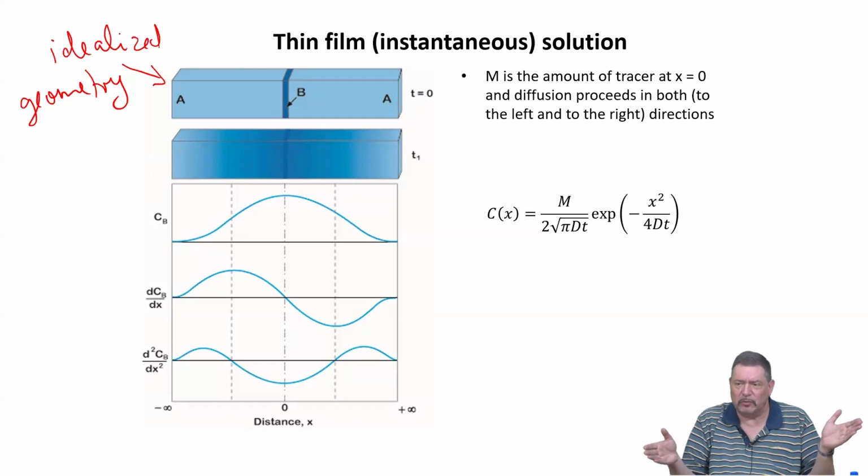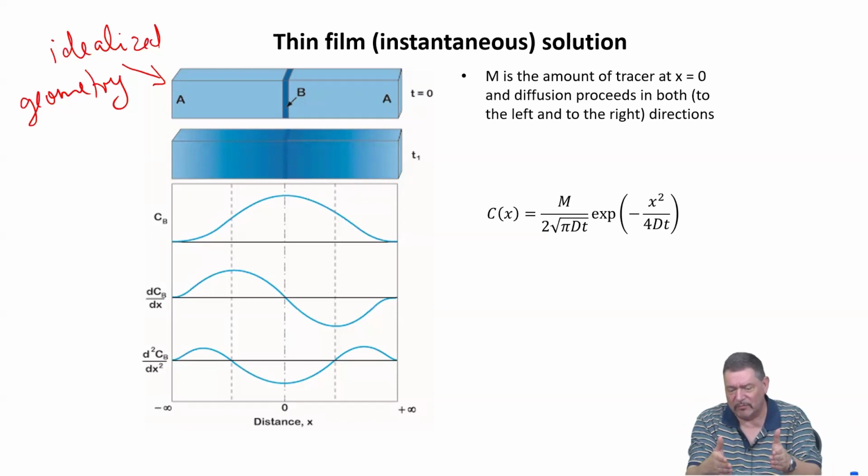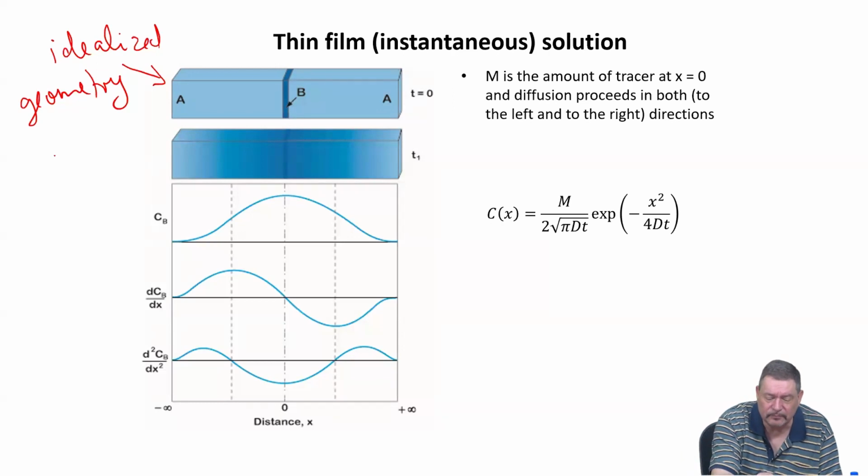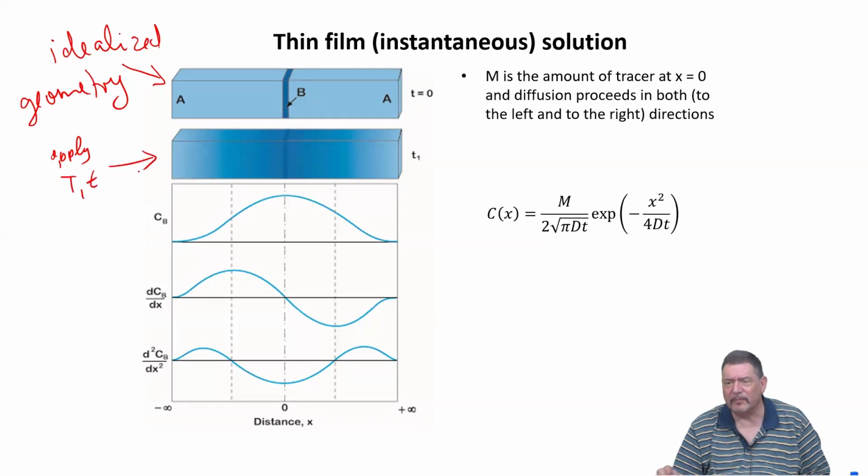What do you do? You prepare the pieces, you bring them together so that you don't have any oxide film or anything in between, so that B and A have good contact, and then you anneal it. So you apply temperature and time.